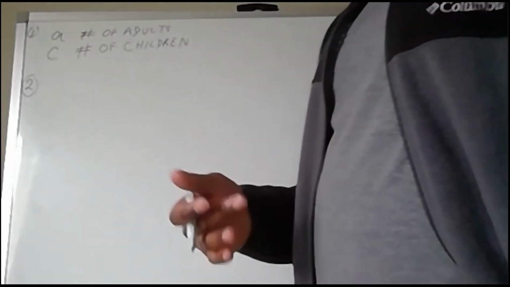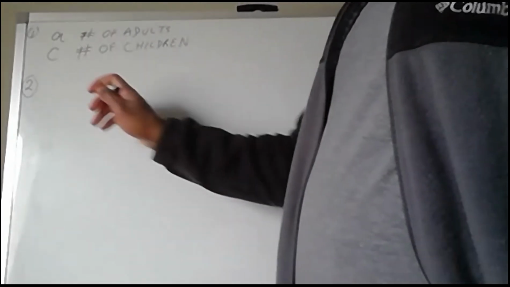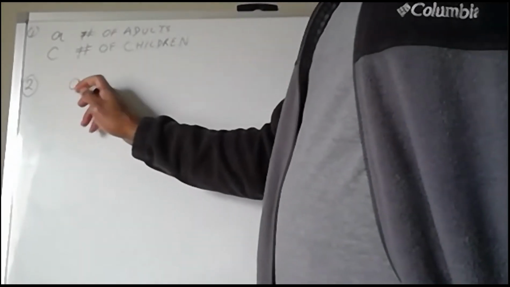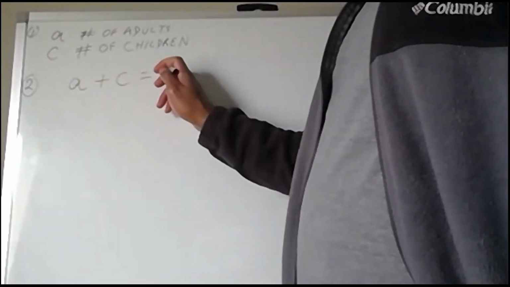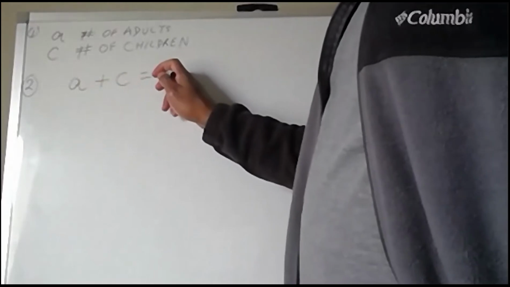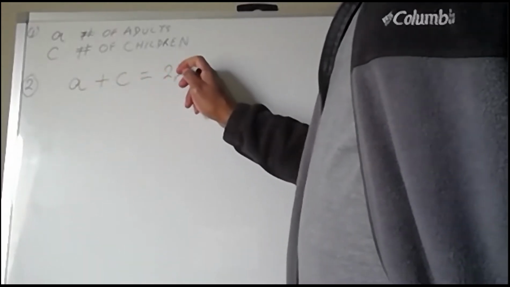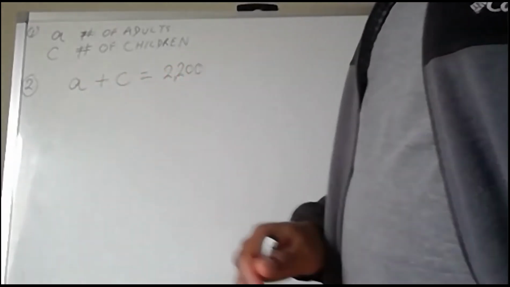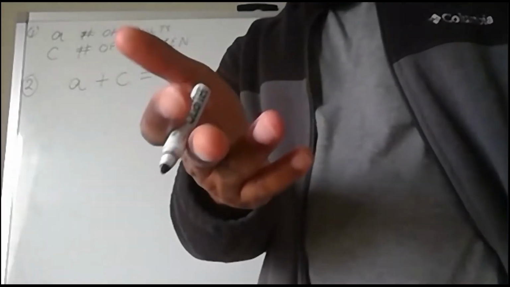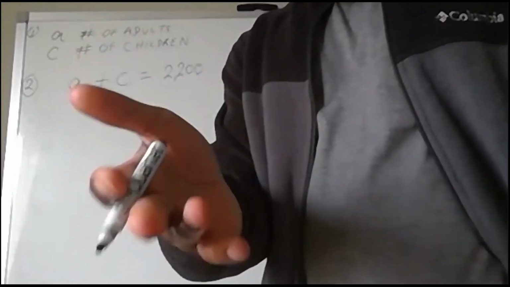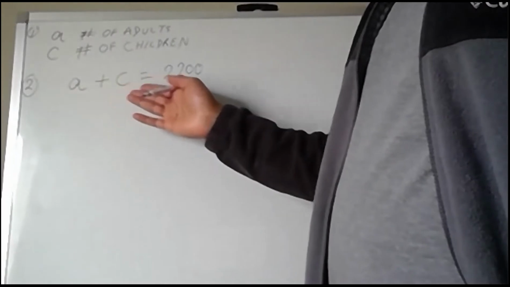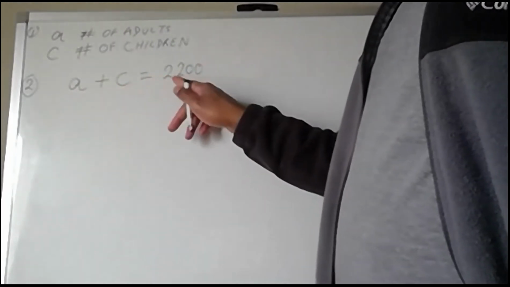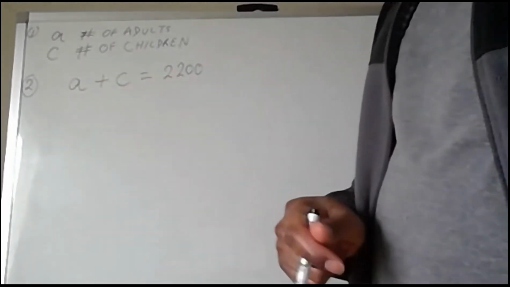So right off the bat, we know one of our equations has to be A plus C is equal to 2,200. That's obvious because it says it right there. It says on a certain day, 2,200 people enter the fair. So we know that the number of adults plus the number of children sums up to 2,200, okay?